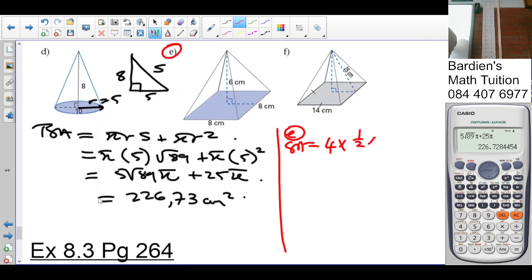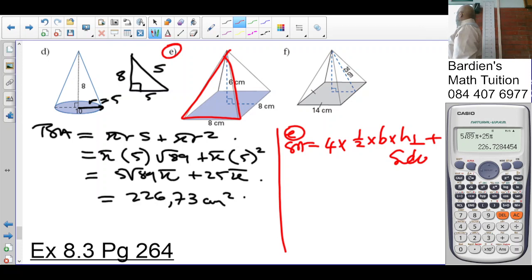Half base times perpendicular height. Not so? So by doing this, I'm working out 4 of those faces. Plus the area of the square is going to be side squared, which is 8 squared in this case. Any confusion there?